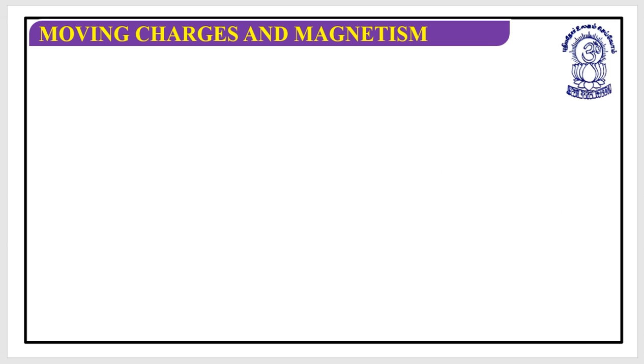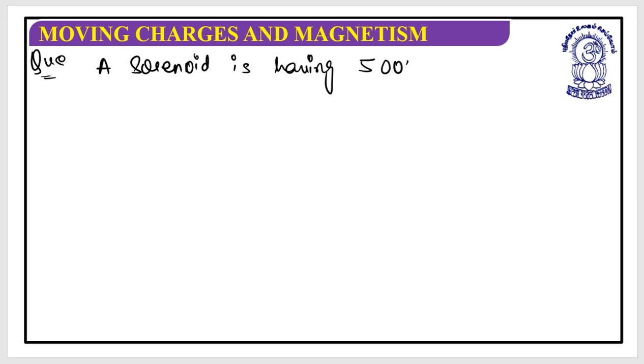Let's have a look. A solenoid is having 5000 turns in a length of 5 meter.